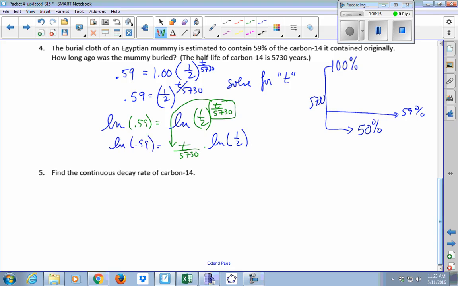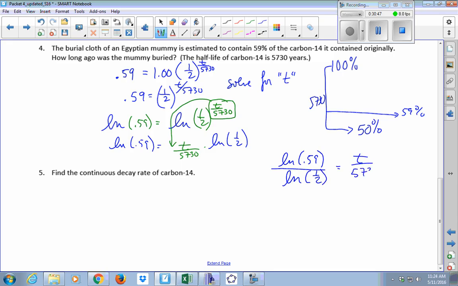So you might do this in parts, but you could say I'm going to multiply both sides by the reciprocal of this fraction here. The fraction is the natural log of 1/2 divided by 5730, which is 5730 divided by the natural log of 1/2. Doesn't matter, or you can just say I'm going to do this in steps. I'm first going to get rid of the natural log of 1/2 by dividing both sides by that, which is probably where most of you are algebraically at this point.